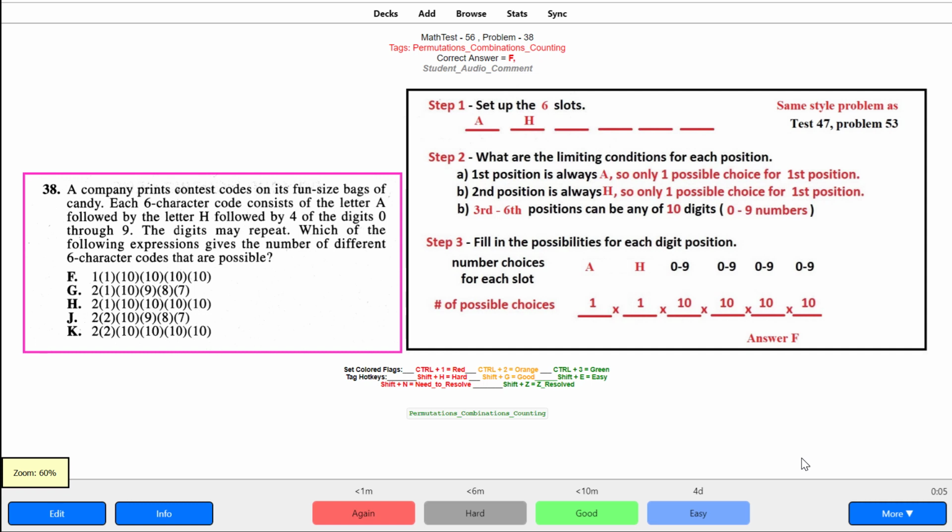For the 3rd through the 6th, we've actually got 10 digits, because we can't have a 0. So 0 through 9, that's actually 10 different digits. So there's how we would lay it out and get our possible combinations: 1 times 1 times 10 times 10 times 10 times 10, answer F.